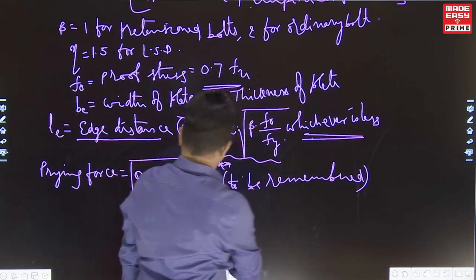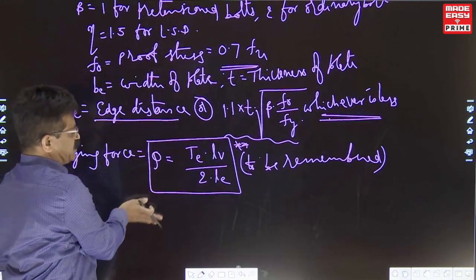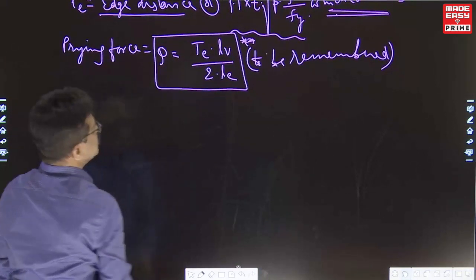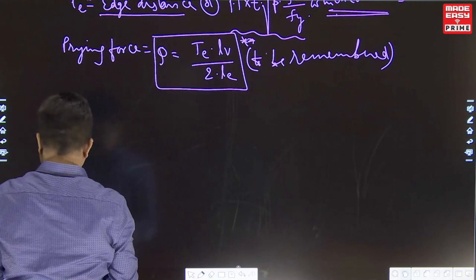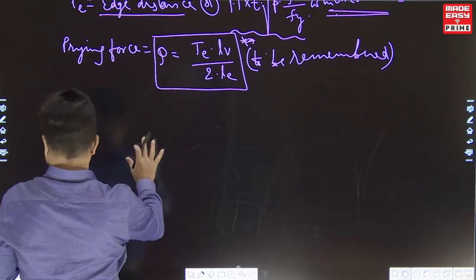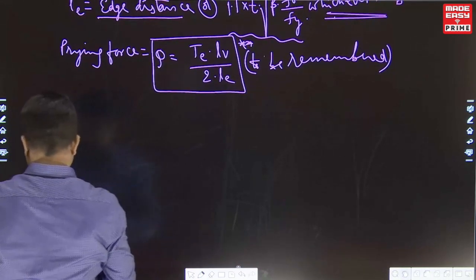This is based on the experimental investigation. They have found it T into LV by 2 into LE. Now, how it will fail, we have given you all the values.